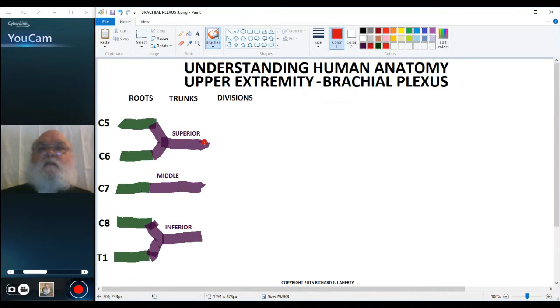So we have the anterior division of the superior trunk, the anterior division of the middle trunk. You notice it's going up to join the anterior division of the superior trunk, and the anterior division of the inferior trunk.